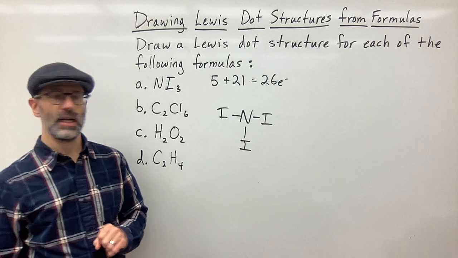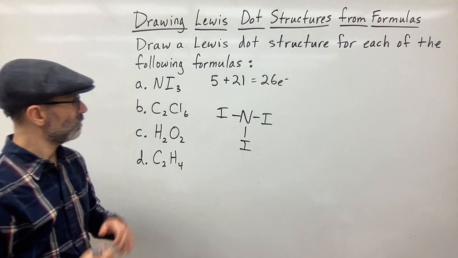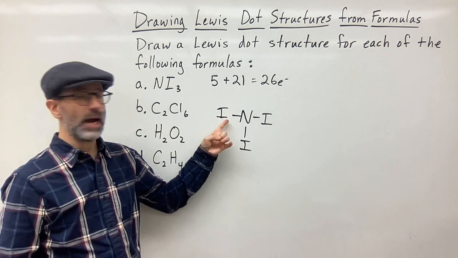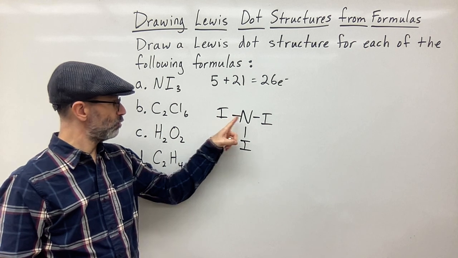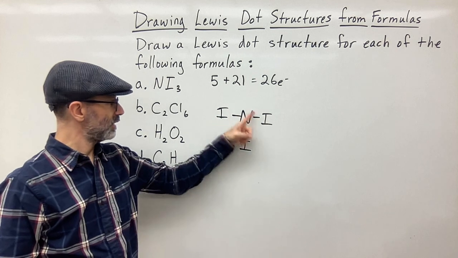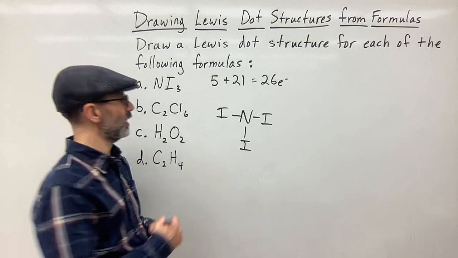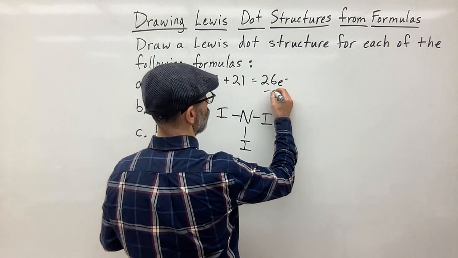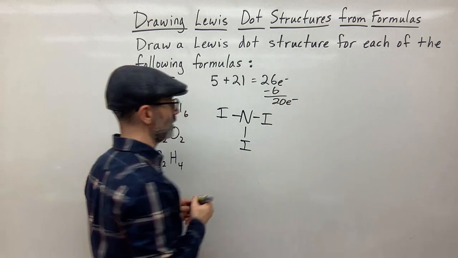Now that I have my skeletal structure, I need to subtract the electrons that I used for the bonds. I use 2 electrons for each bond. That's 3 bonds, 6 electrons. So I'm going to subtract 6 electrons from my total here. I have 20 electrons left.